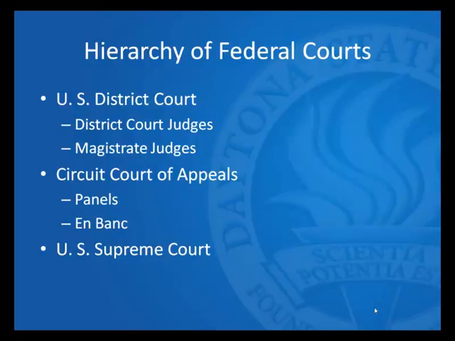It's abbreviated normally CERT, and when a case is given CERT, then it's allowed to be argued before the Supreme Court. It's a very limited number of cases that the Supreme Court handles every year, and they meet in November, and so very few cases actually go to the Supreme Court.